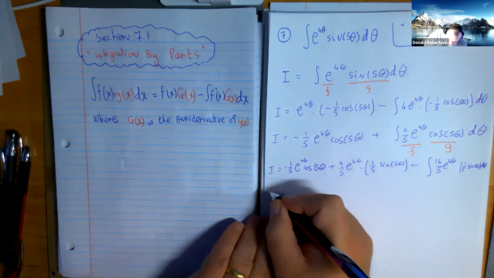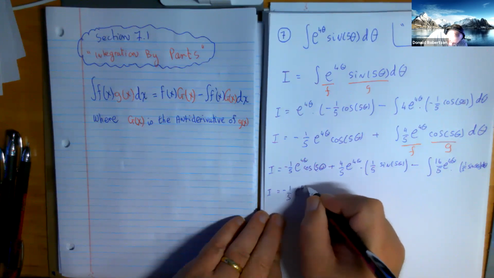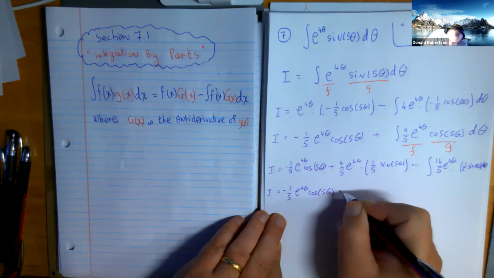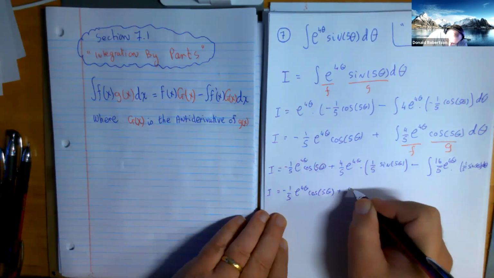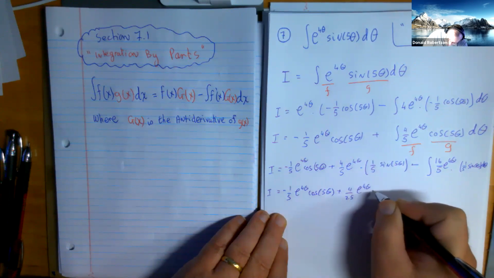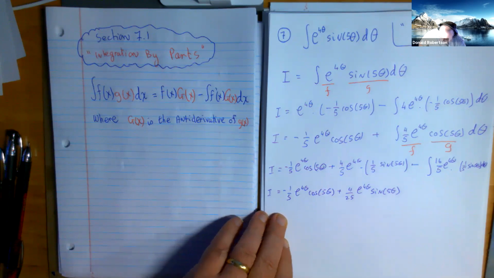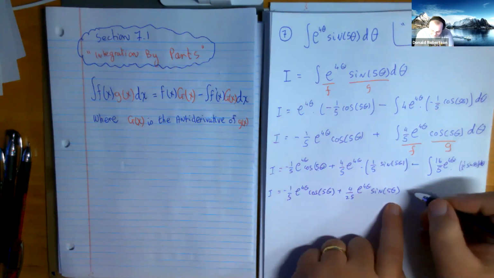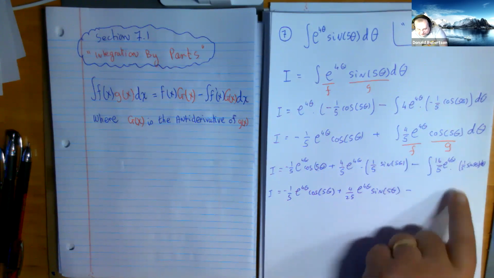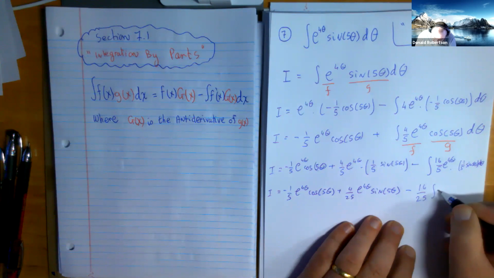Just squeezed it in. So I have this fella. This and this gets me what? 4/25. Now I'm going to do something really sneaky here. 16/5 times a fifth is 16/25, and I'm going to pull that 16/25 out of the integral.